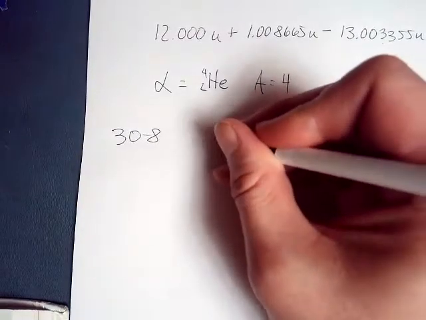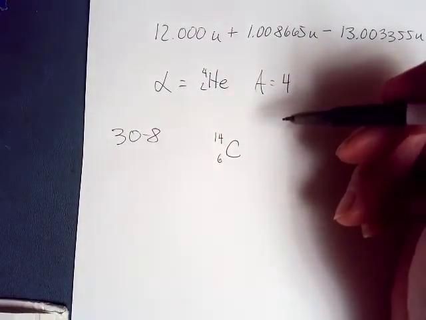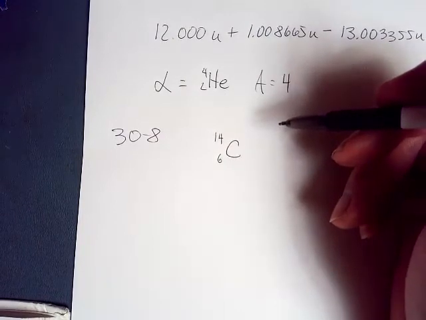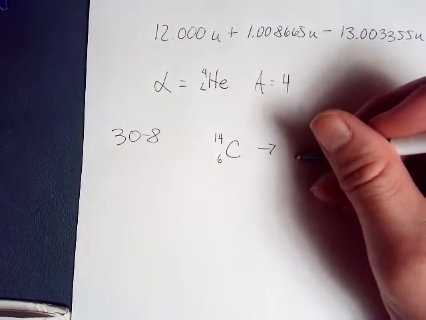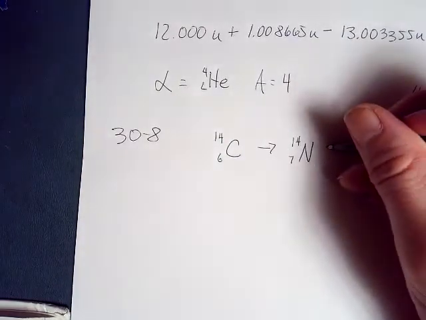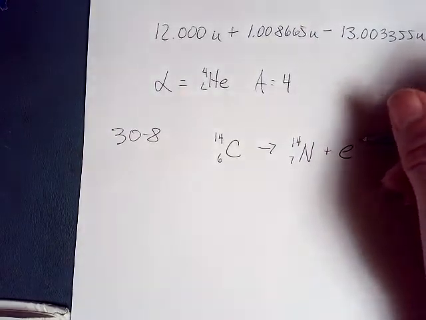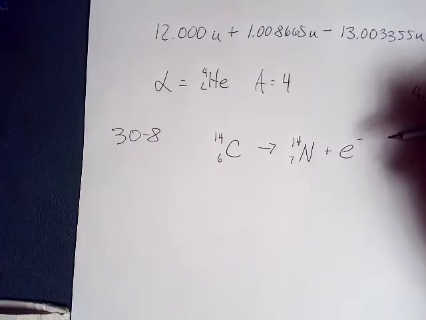So we have C14. How much energy is released when C14 decays to N14 by beta emission? So C14 becomes N14 plus an electron. Beta can also be positive, but we're not going to do any problems with those.